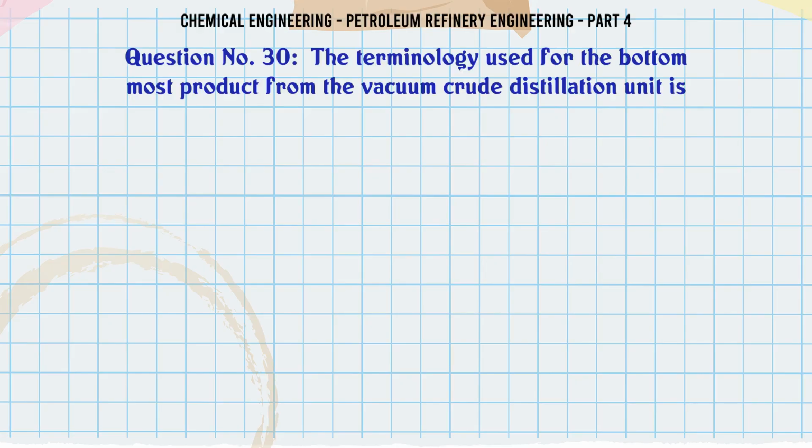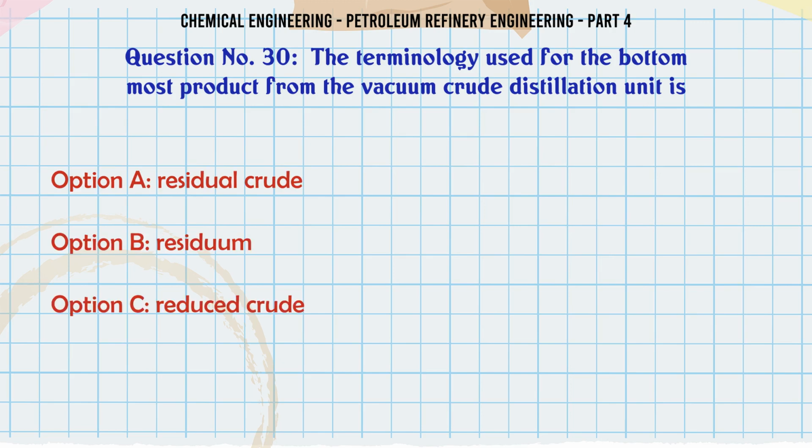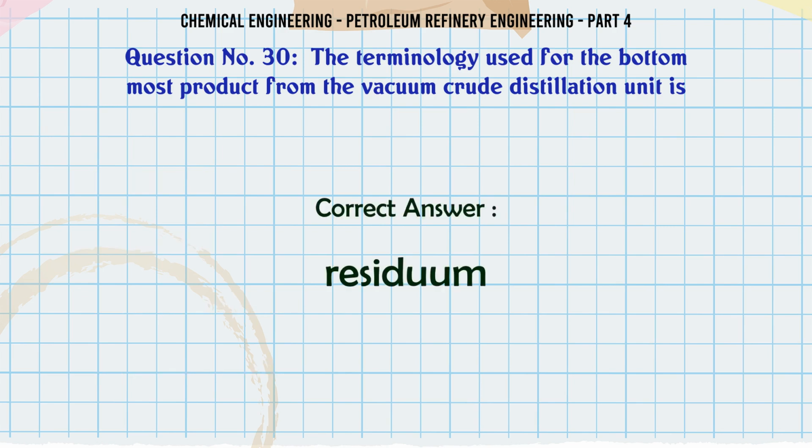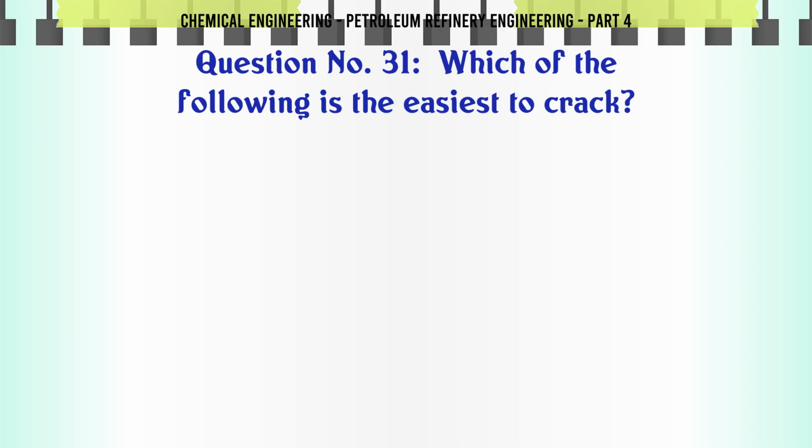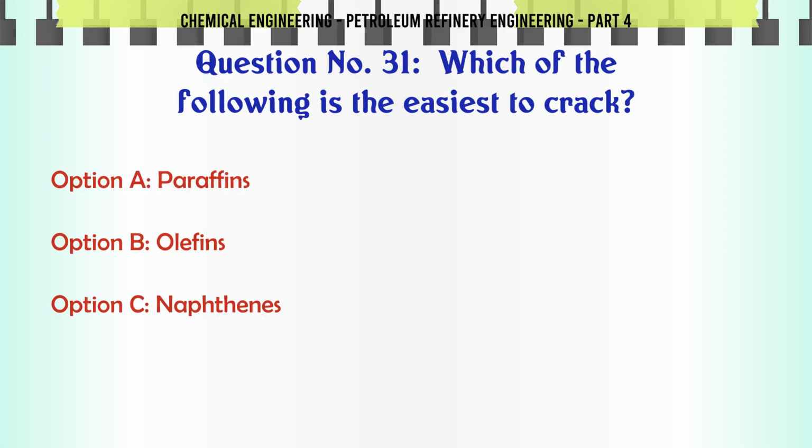The terminology used for the bottom-most product from the vacuum crude distillation unit is A. residual crude, B. residuum, C. reduced crude, D. petrolatum. The correct answer is residuum. Which of the following is the easiest to crack? A. Paraffins. B. Olefins. C. Naphthalene.